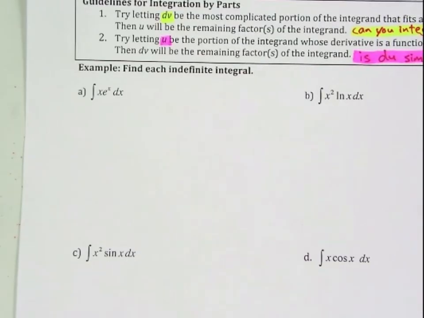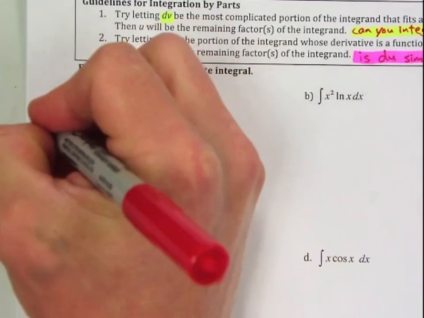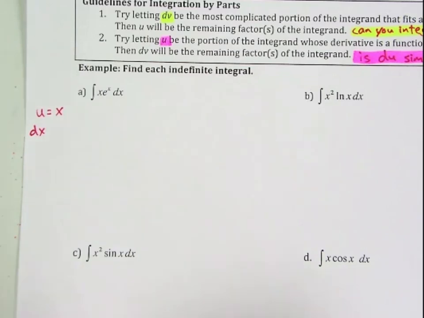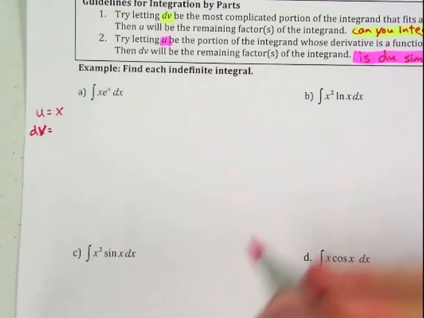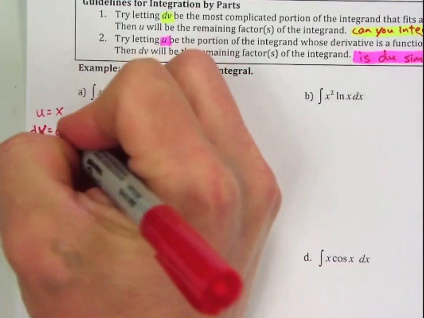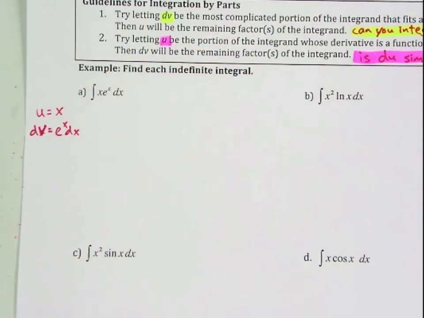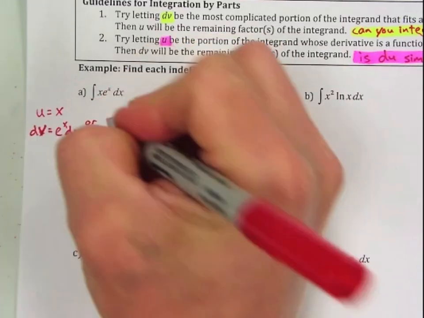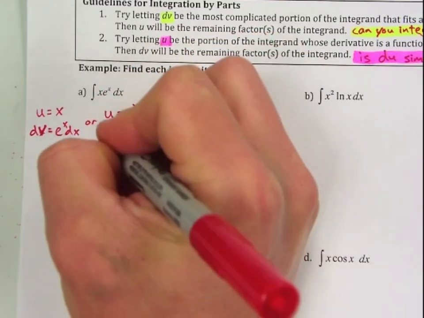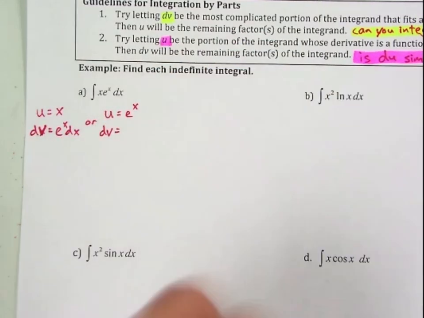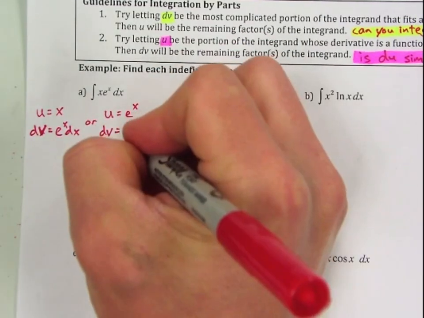So first off, we could let u equal x. Then dv would be all the rest of the stuff, so e to the x dx. Or u could equal e to the x, and that would make dv all the rest of this stuff, which would be x dx.